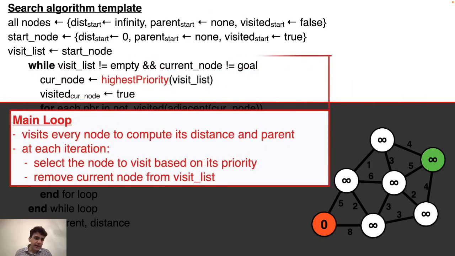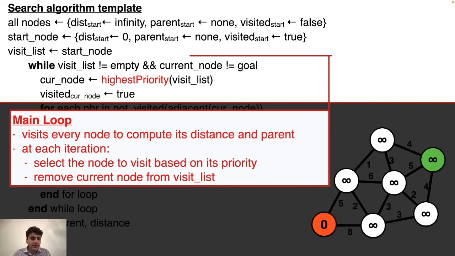With that, the next portion of the pseudocode is specifying the main loop of the search algorithm, which we step through. Within the main loop, it will first check if the visit list has elements that are left to be visited, and also if the current node is not the goal node.